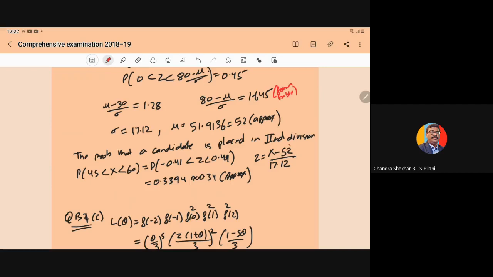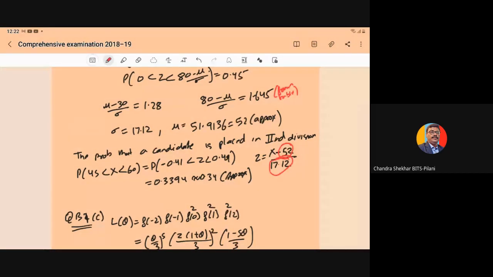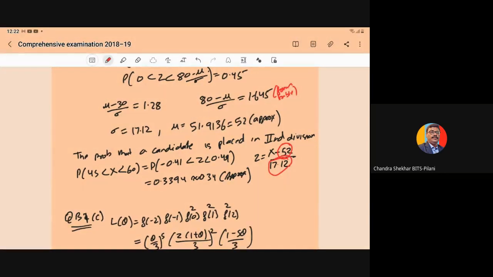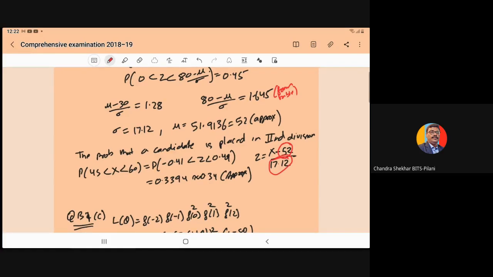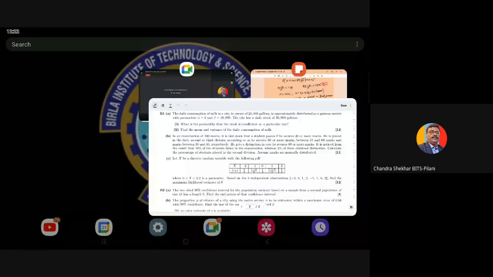So we have taken mu as 52 and sigma as 17.12. So when we see the tabular value, its value will come 0.3394, or 0.34 approximately. So that much percentage of students will secure the second division.